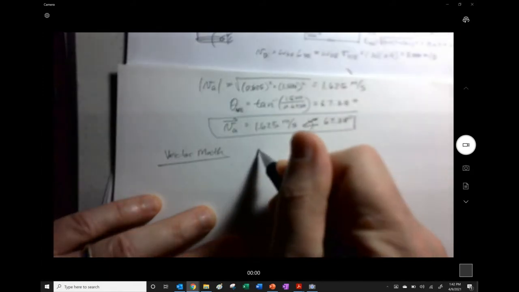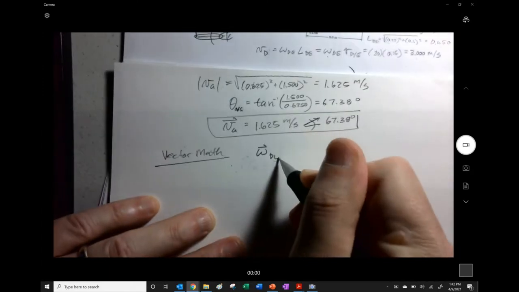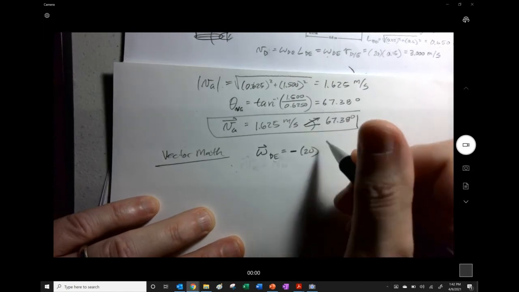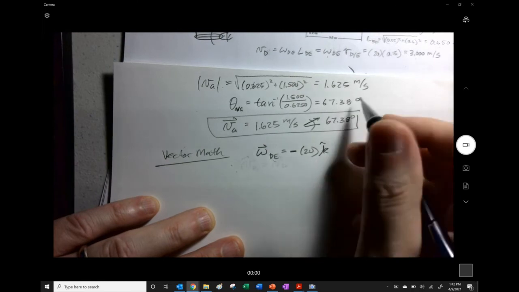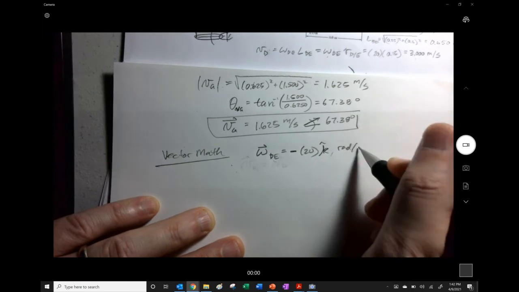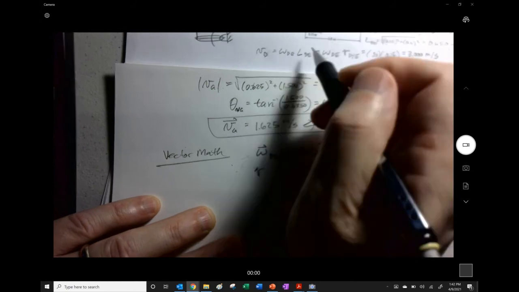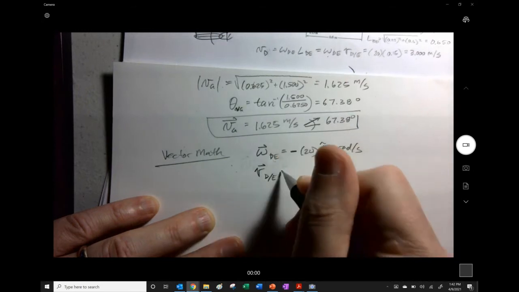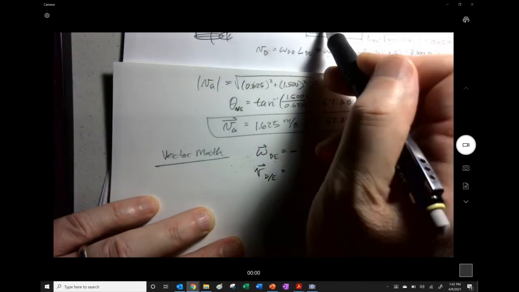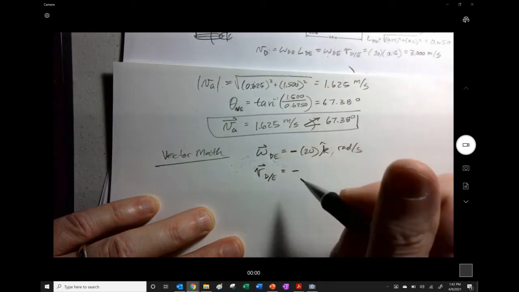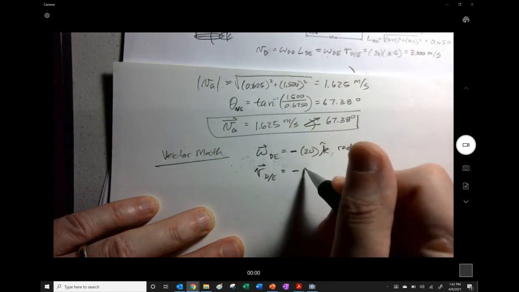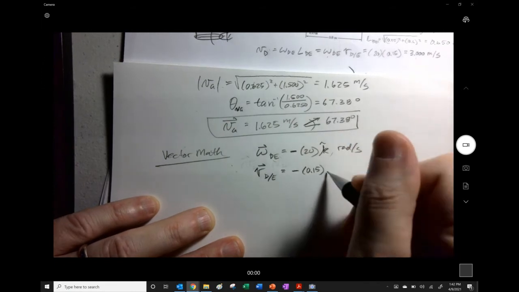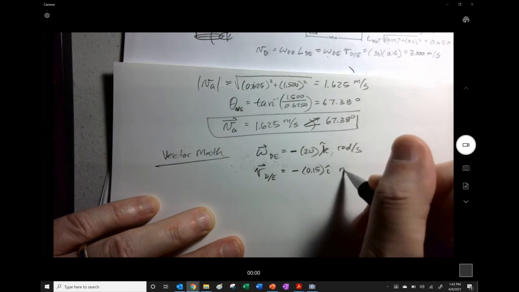So we were given that omega dE was equal to negative 20 K radians per second. And the relative position vector of D with respect to E is going to be negative 0.15 i meters.